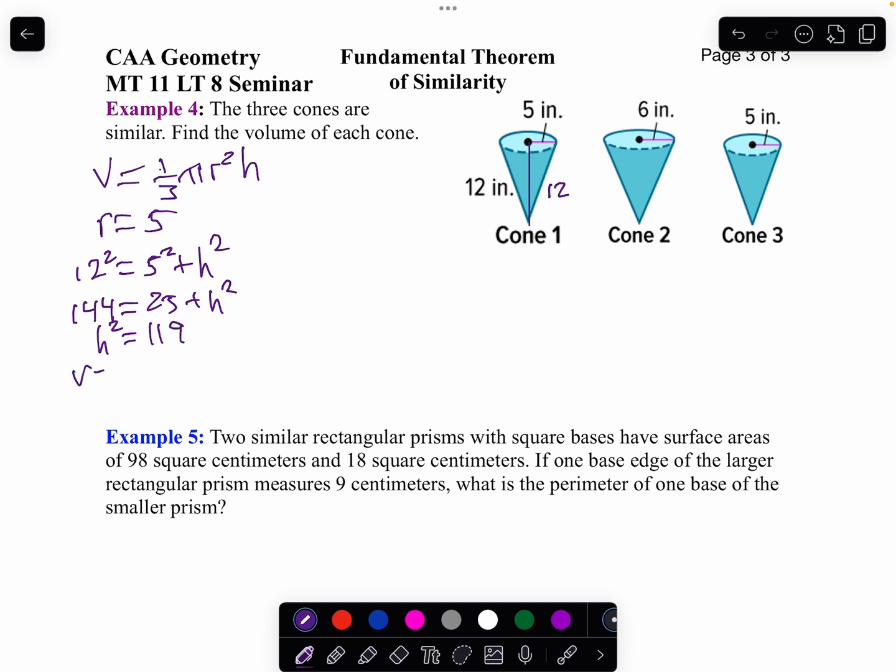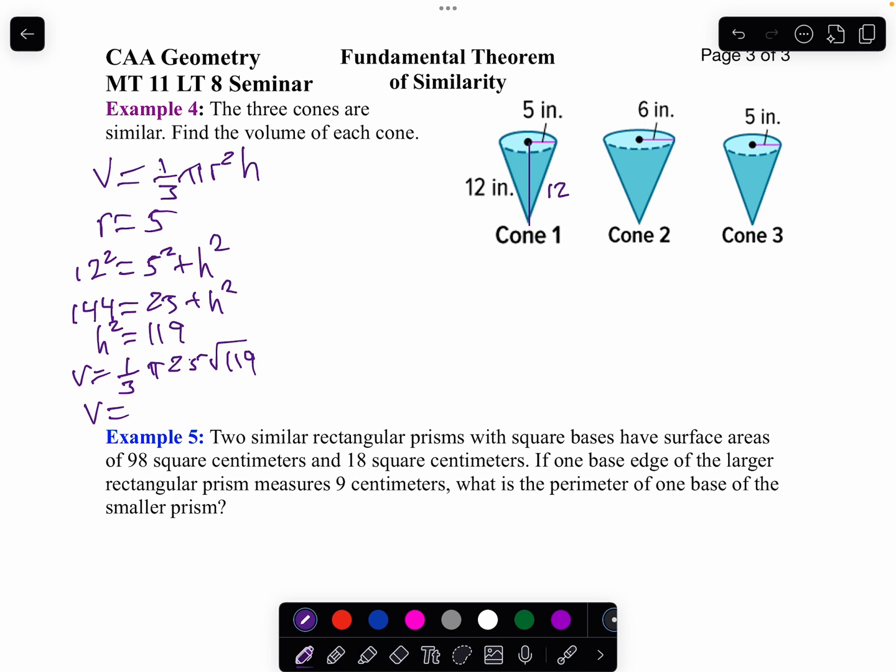So my volume is going to be 1/3 times pi times r squared, which in this case will be 25, times the square root of 119. Well, we got a lot of things going on. That's too much. Let's just round this.